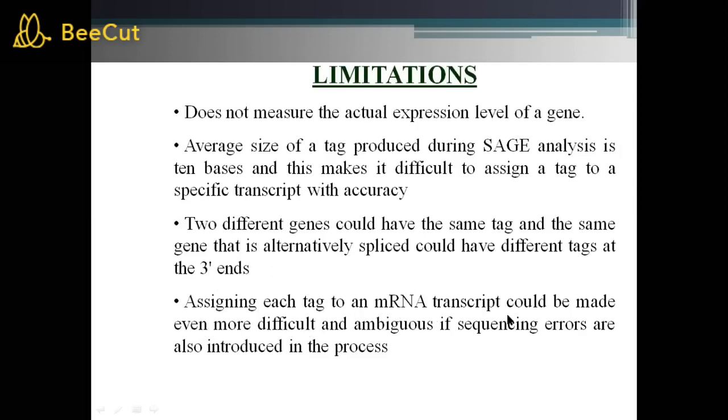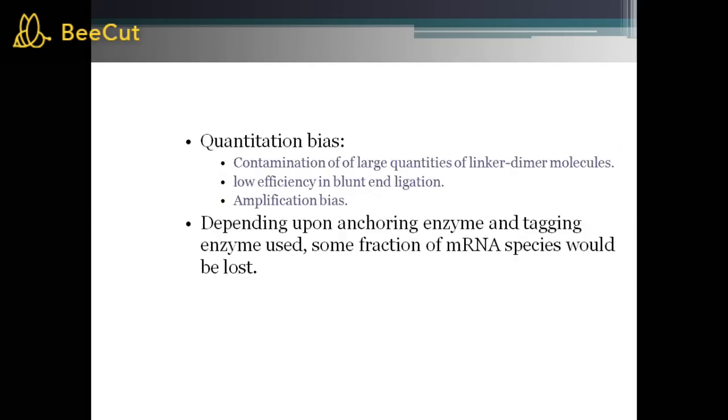Assigning each tag to an mRNA transcript could be made even more difficult and ambiguous if there are sequencing errors, so if there is an error in the sequencing, it will give a single tag to the mRNA transcript.